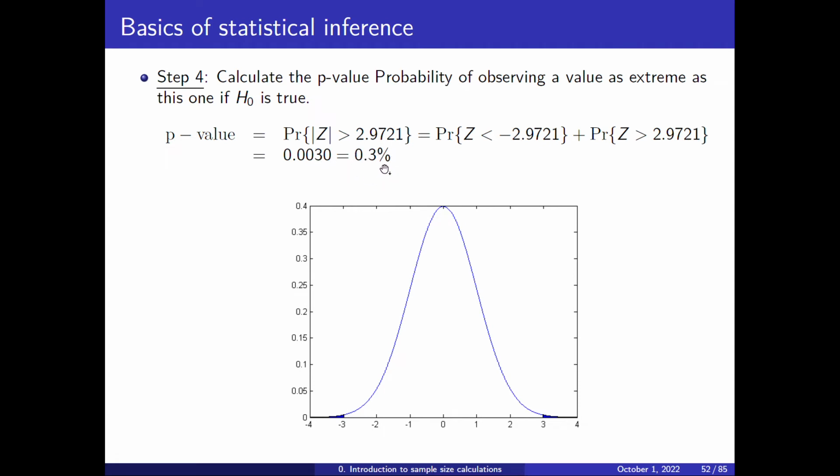That means that if you repeat this experiment of taking 20 tablets and measuring the average, and the machine is always working fine, then if you repeat it for 1,000 weeks, in 3 of these 1,000 weeks you would see deviations at least as high as 0.66 milligrams on average. So on average 3 times every 1,000.